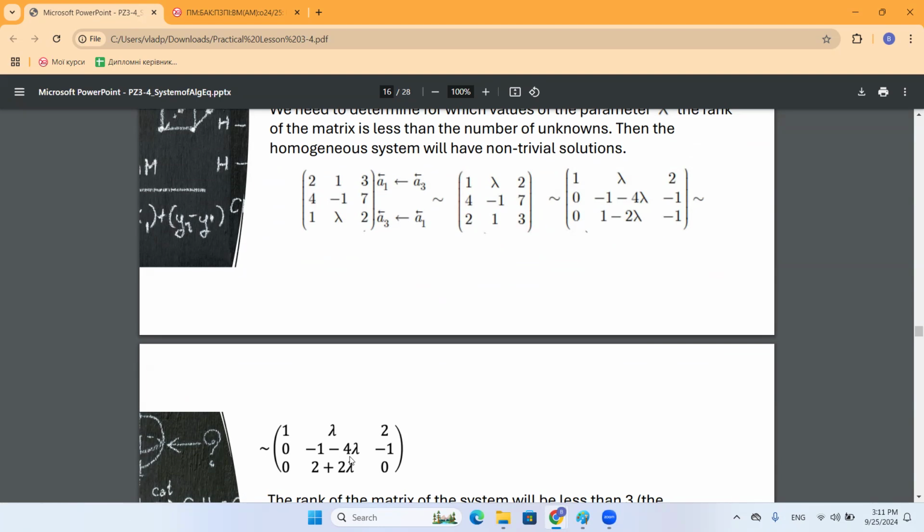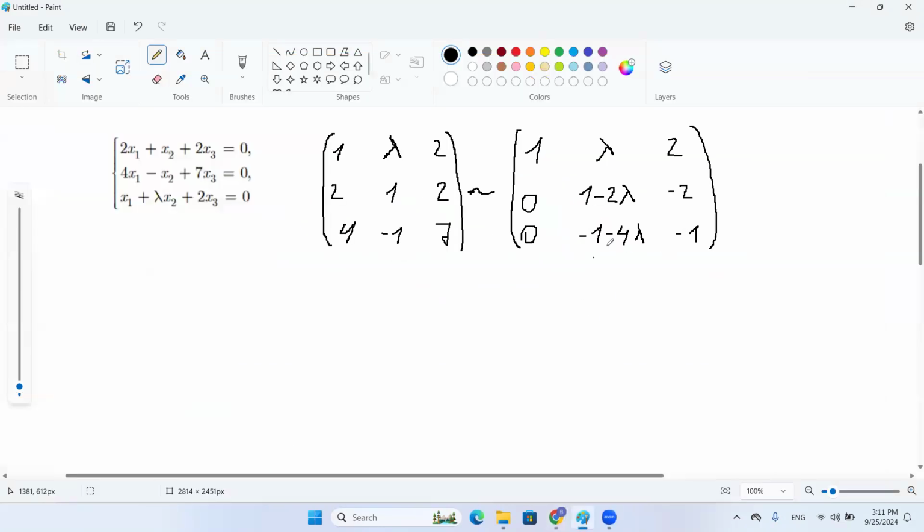Now we need to eliminate this or this. Let's go with this one, maybe. Or, as in the example, let's change rows. It will be easier for calculation.